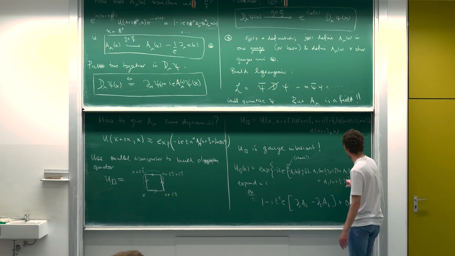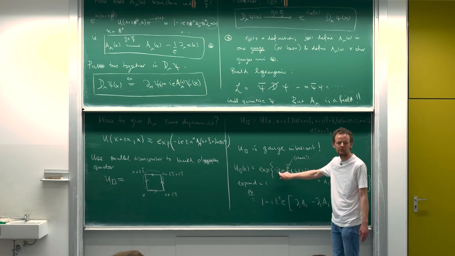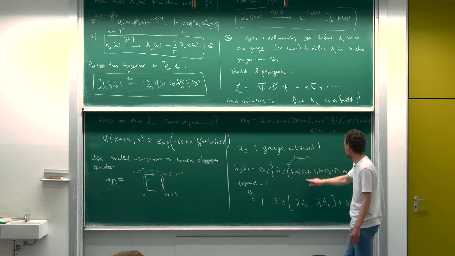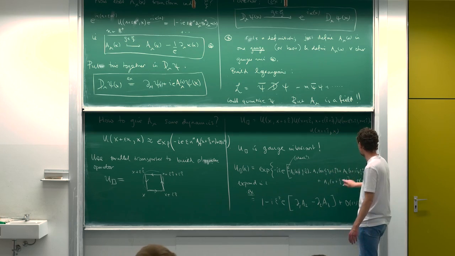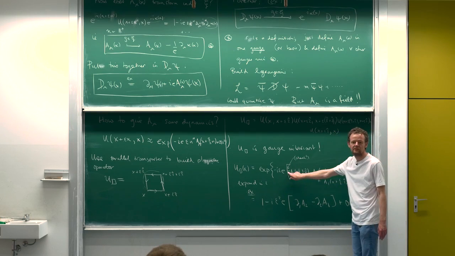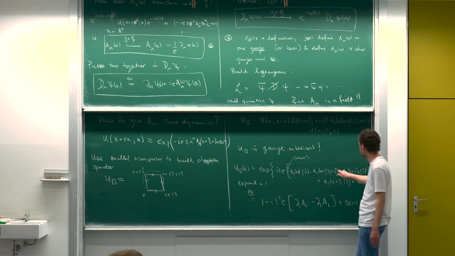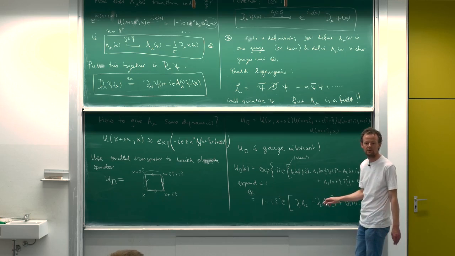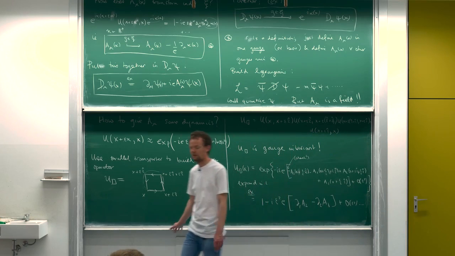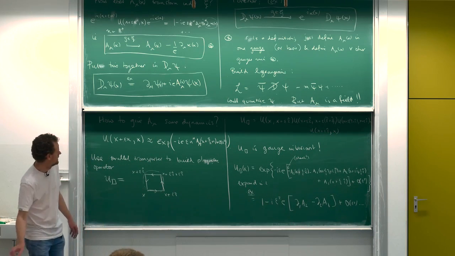Well, because we've got an epsilon here, so this has to be order 1 in here. So you set epsilon to 0, and then you've got a2 of x minus a2 of x plus a2 of x minus a1 of x plus a1 of x. So that's that minus sign now. I'm much more confident about it.